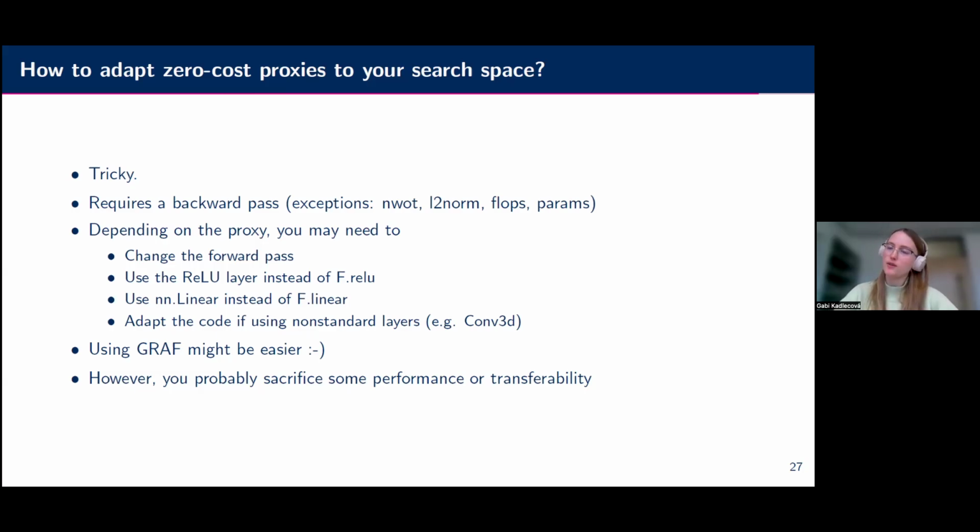What you can do beforehand is to adapt your architecture in a way that you use layers instead of F dot something. For example, use ReLU instead of F dot relu, linears instead of F dot linear. And then you have to really look at the code, and, for example, some of the proxies replace the forward pass to collect the activations. So then you also need to do that.